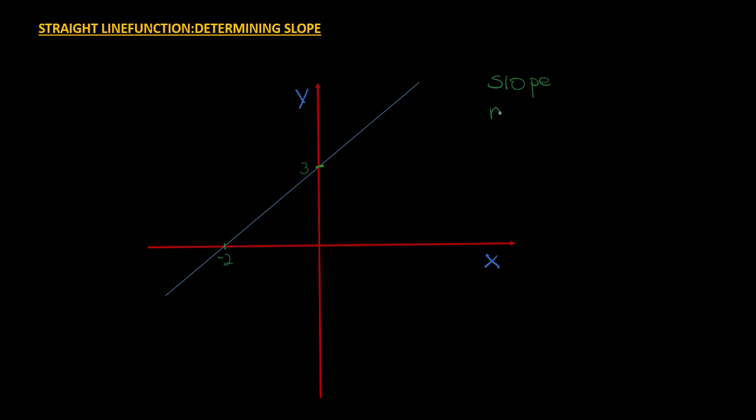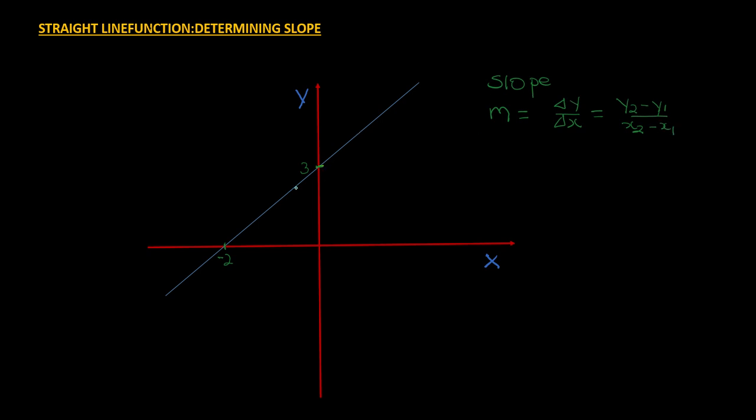Slope is given the alphabet M in mathematics, and it is the change in y divided by the change in x. What does the change in y or delta y mean? It means some point y2 subtract some other y point y1, and we divide it by x2 subtract x1.